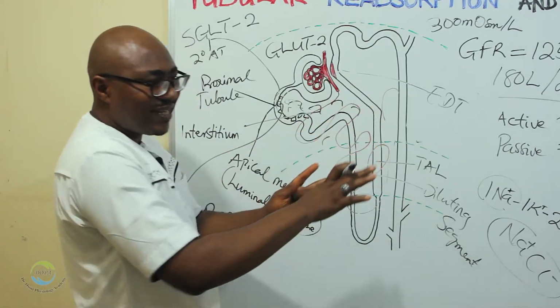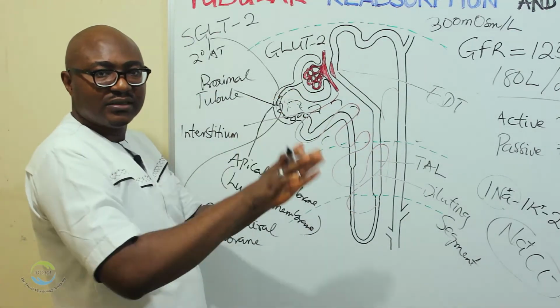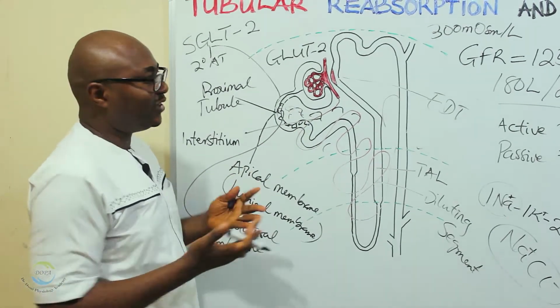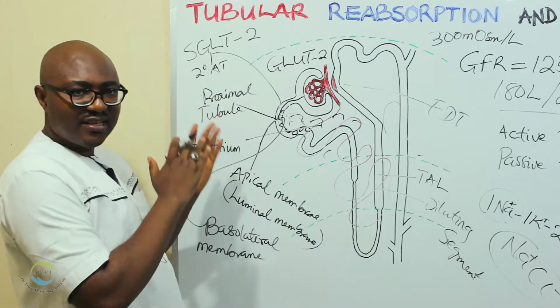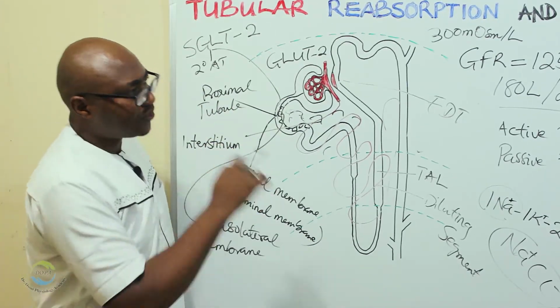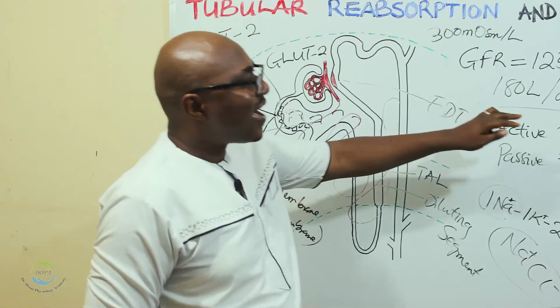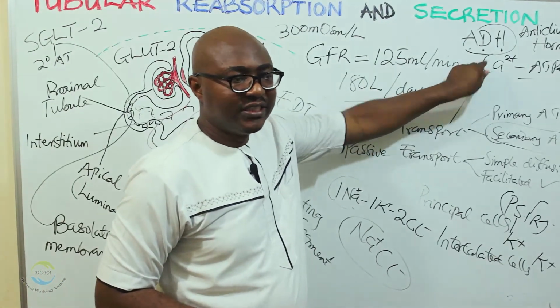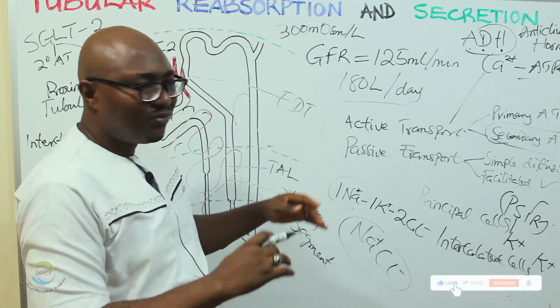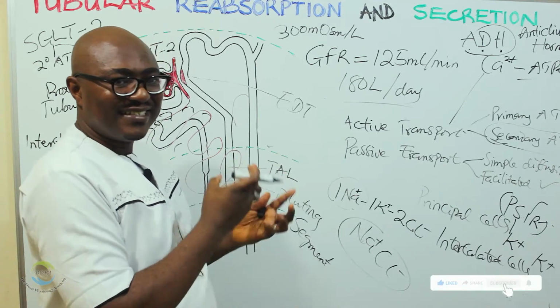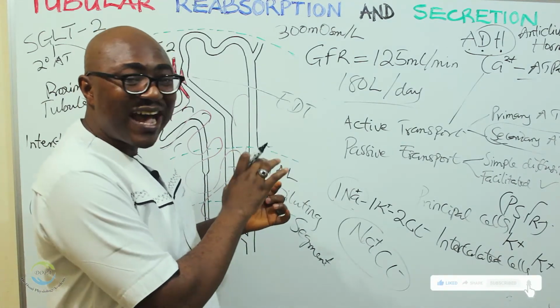So normally, those late distal parts, the late distal tubule and collecting ducts, are not permeable to water, just like the early distal tubule and the thick ascending limb. But if you have enough of this hormone secreted, this hormone helps to stimulate the synthesis of those aquaporins.